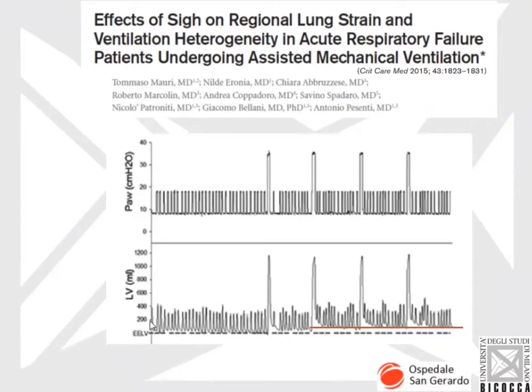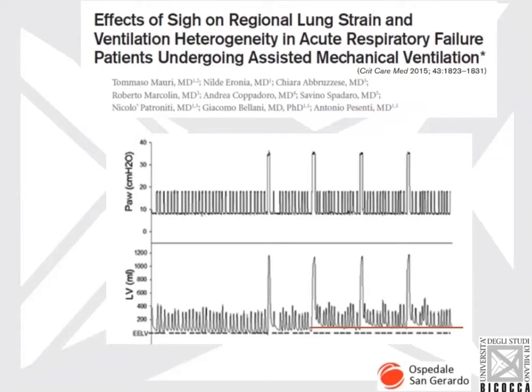So, for example, here Tommaso Mauri has shown that if you give periodic sighs, these big breaths delivered by the ventilator to the patient, the end expiratory lung volume is increasing, suggesting indeed that there is some recruitment going on in these lungs.